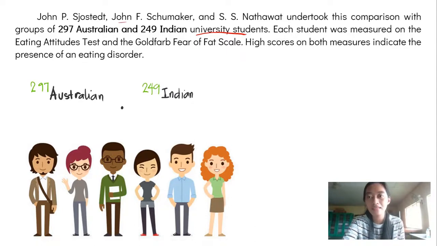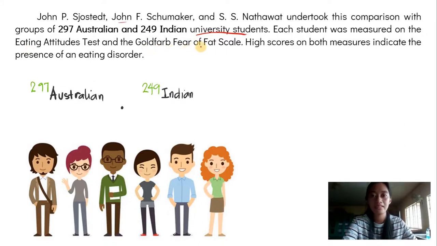Each student in this study was measured to take this eating attitude test, and the Goldfarb fear of fat scale. High scores on both measures indicate the presence of an eating disorder somehow. So they want to see that trend among these students.